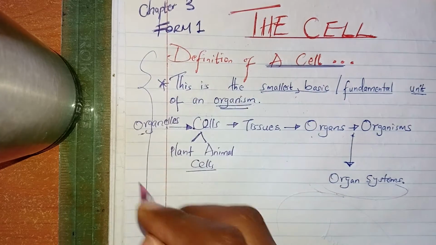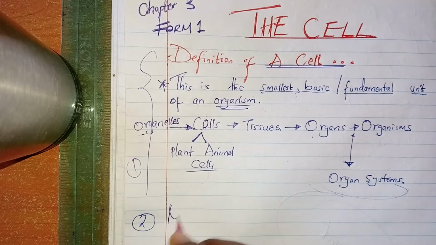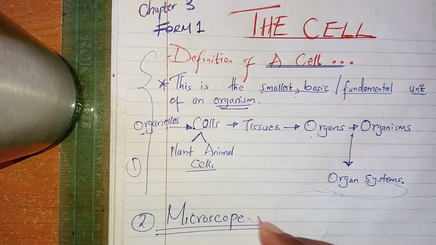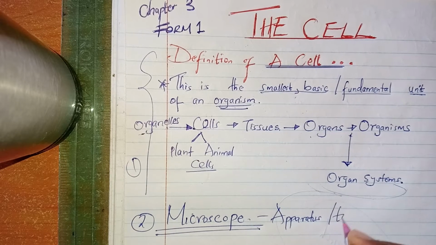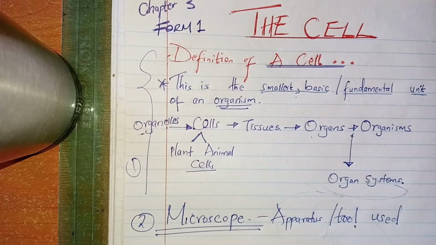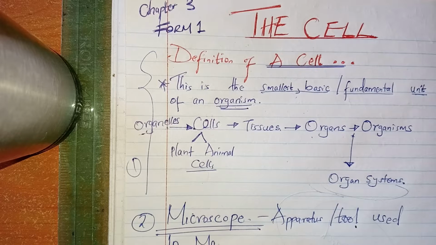This was objective number 1. Number 2, I want us to talk about an apparatus called a microscope. A microscope. This one is an apparatus, or tool, used in magnifying.